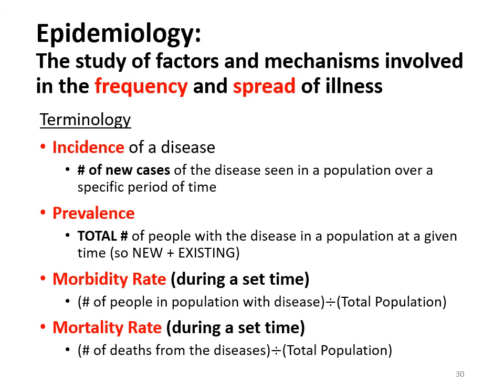Now, when we talk about mortality rate, I want to point out that the total population never changes for that set time. Okay, you do not deduct the people who died. So, for instance, if I said that during that time that we were just talking about, 6 patients died from whooping cough in that population, we would say 6 over 100,000 is the mortality rate. Okay, notice we did not change the 100,000.